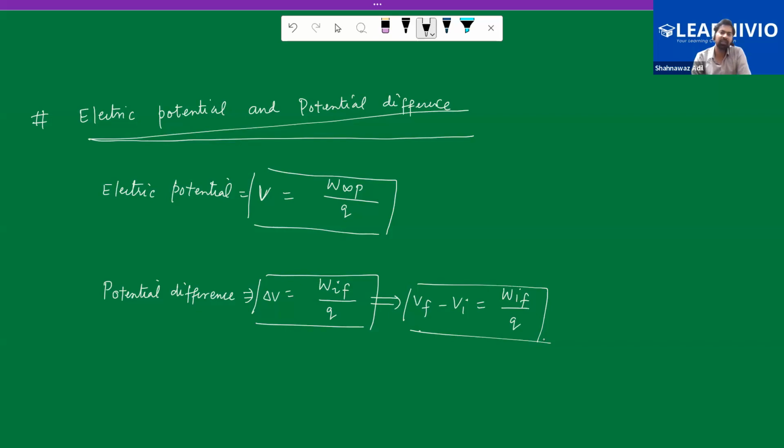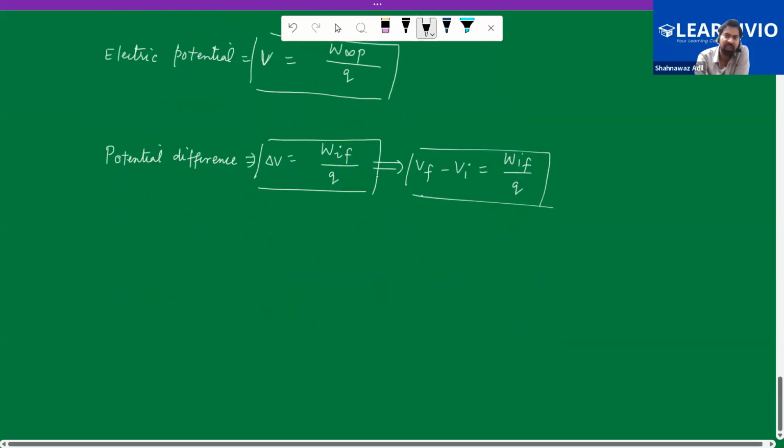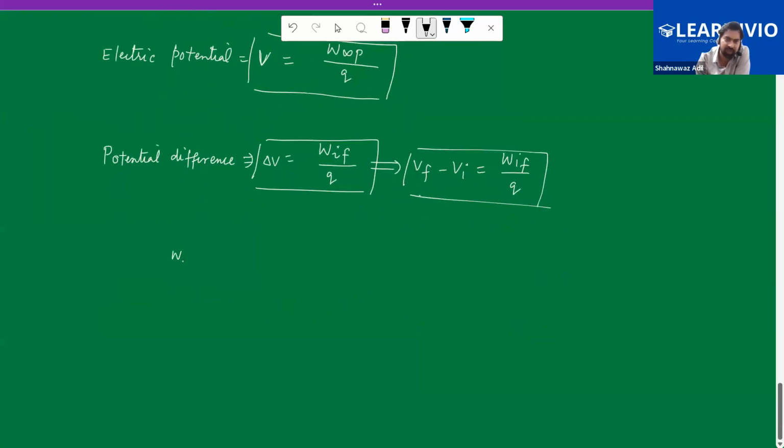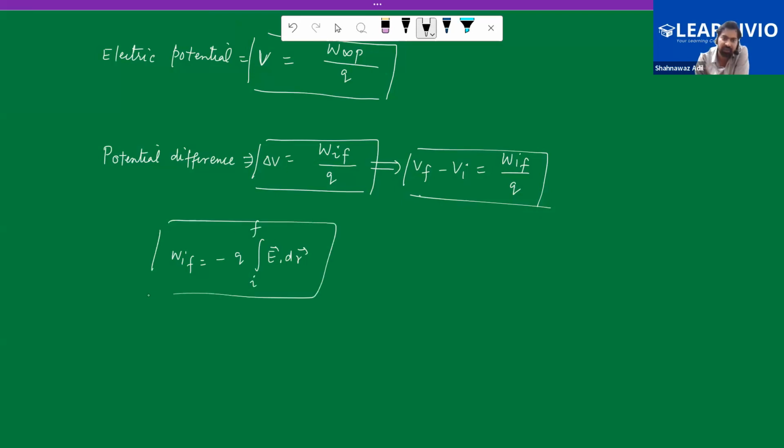Then we already know how we define this work done. This was minus Q integral of E dot dr from initial to final. So let us use this and write the electric potential.